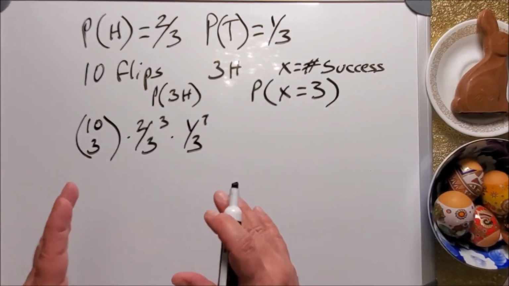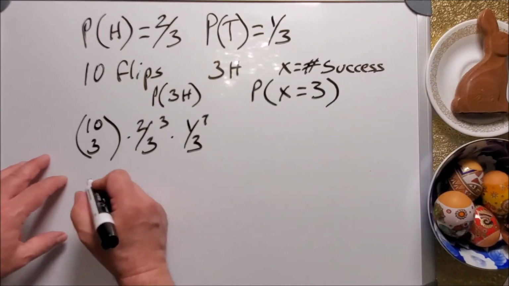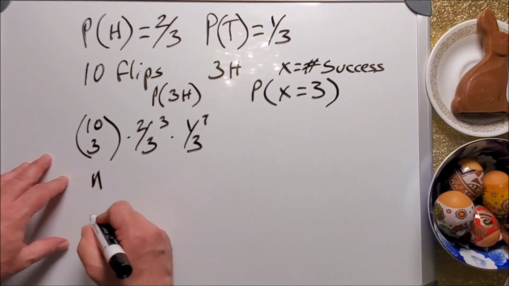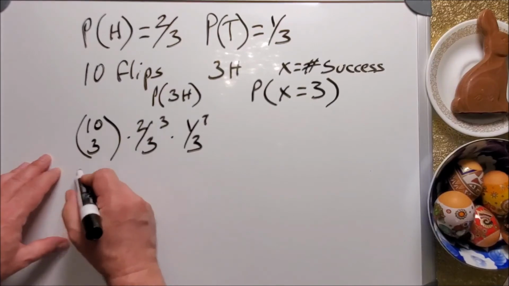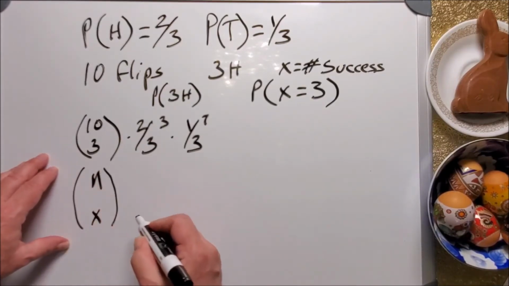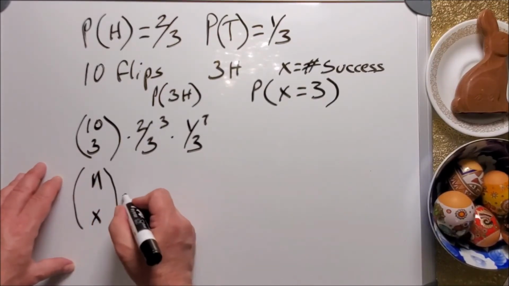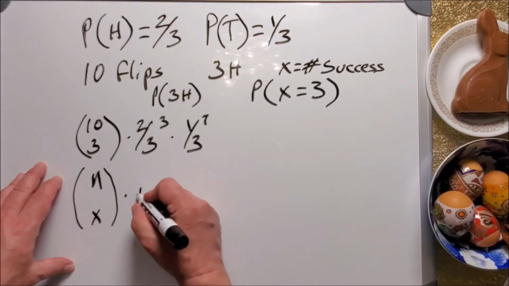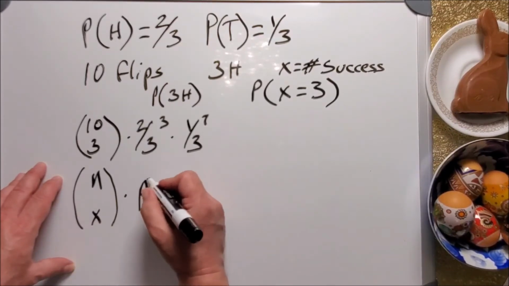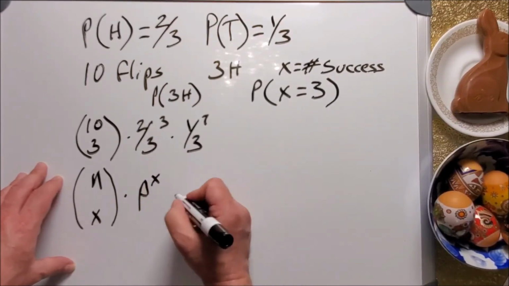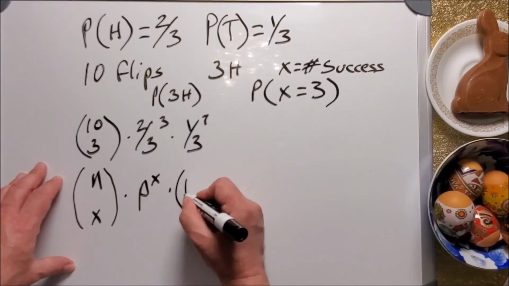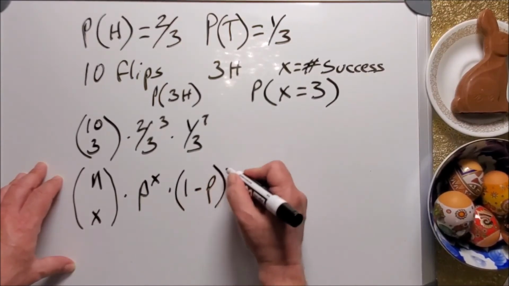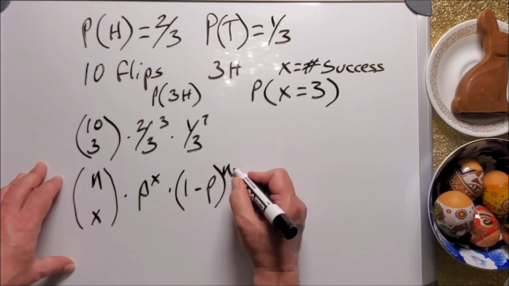The generic form of this formula will usually be n choose, I like r, many textbooks use x. Let's use x this time. N choose x times p to the x times (1 minus p) to the n minus x.